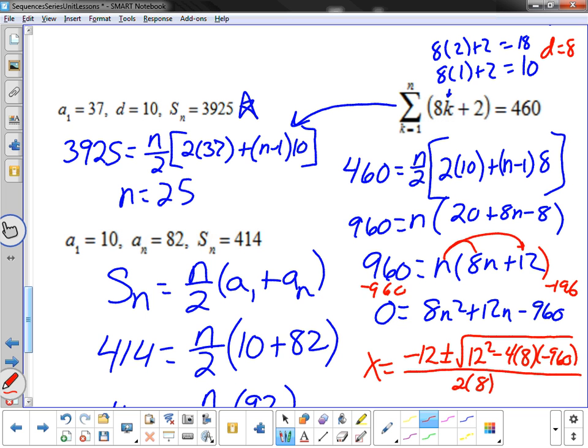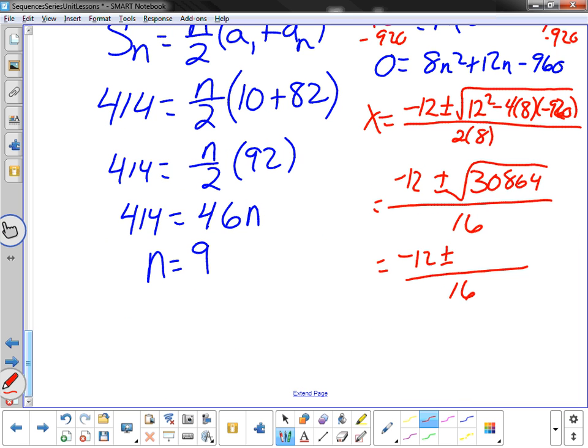Oh, it's right here. 460 times 2 is 920. So this is a 920, so I should subtract 920. So that's a 20. I'm going to go back into my formula and replace it, so 12 squared minus 4 times 8 times a negative 920 gets me 29,584.